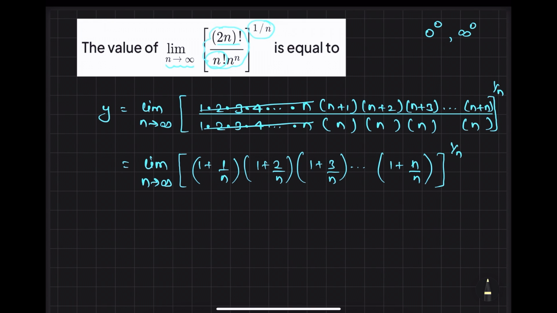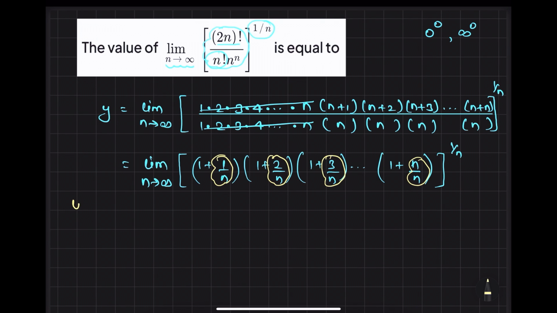If you substitute the value of n, every second component will approach 0. So you will be left with 1, 1, 1, 1, 1 in the base, and then the power is 0. So it is something to the power 0. Okay, so what I will do is take log on both sides.